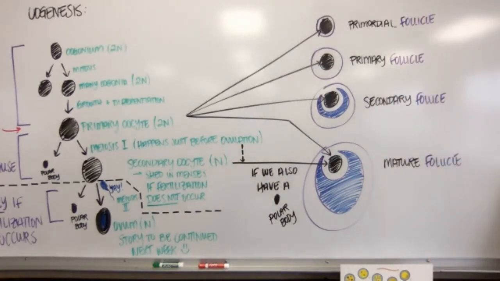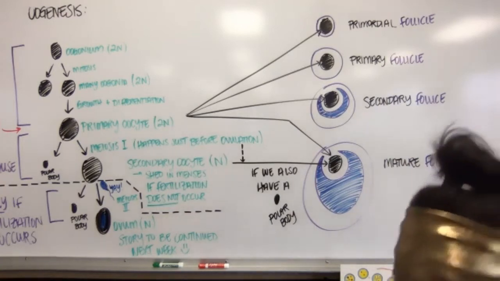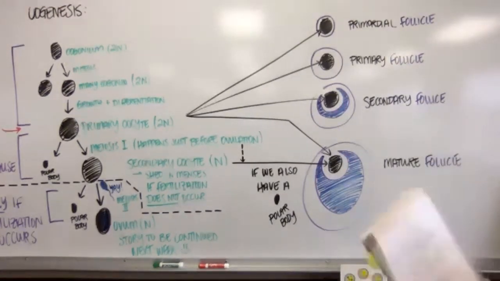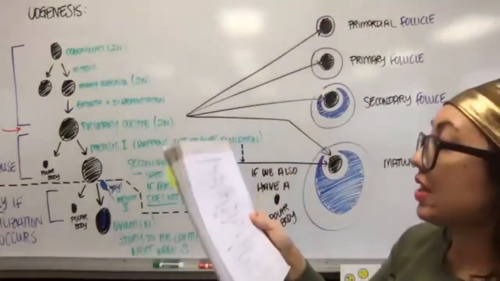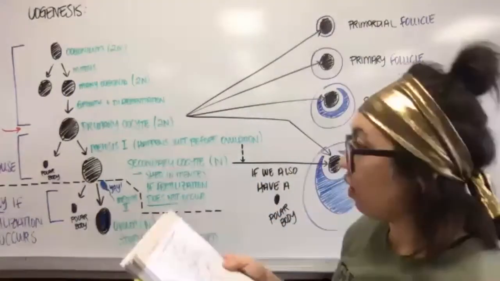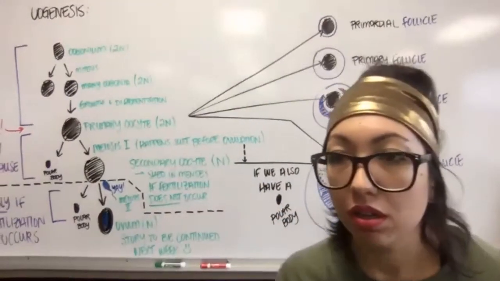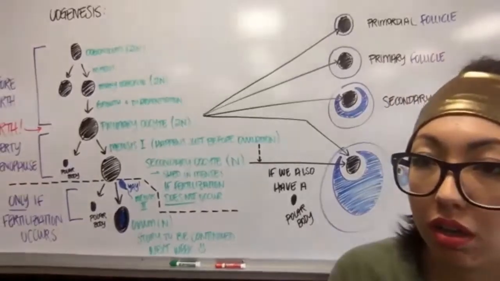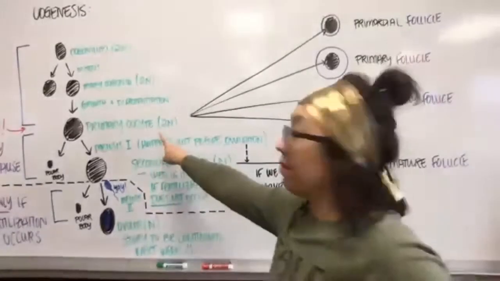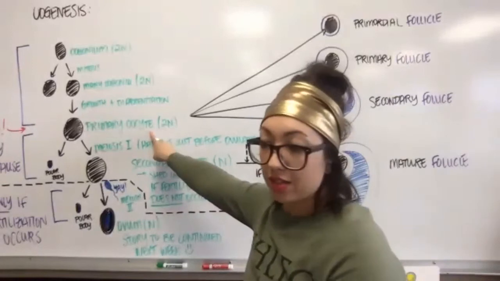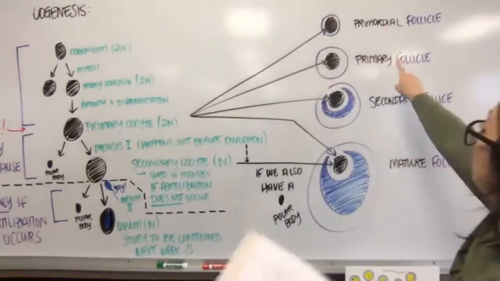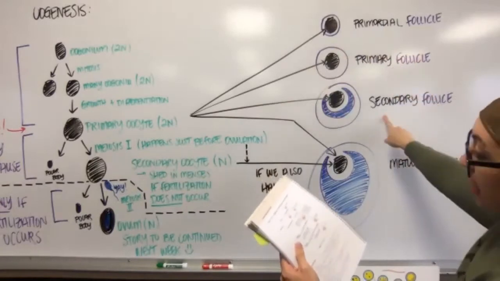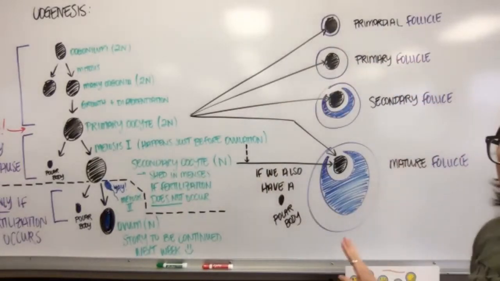Okay, so let's start off. Let me draw your attention to what this says right here in your lab manual. It says primary oocytes are found in all primordial, primary, secondary, and mature follicles.